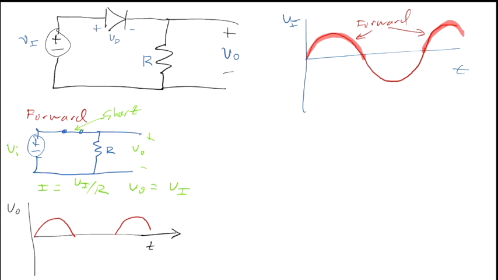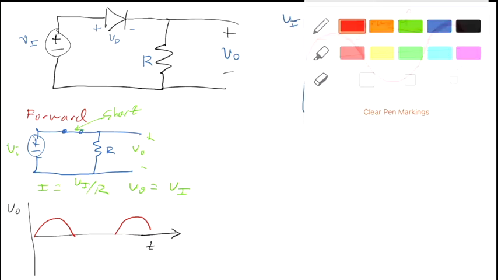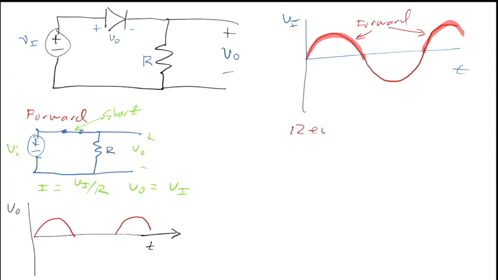And for the negative bias time, so the reverse, we replace the diode with an open.